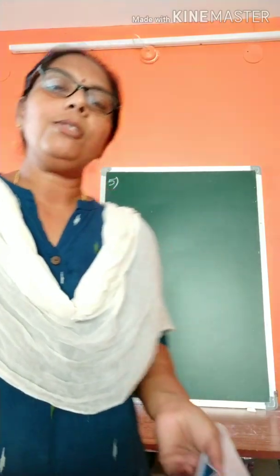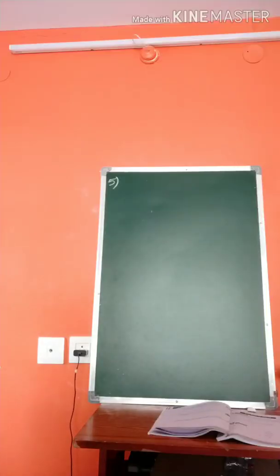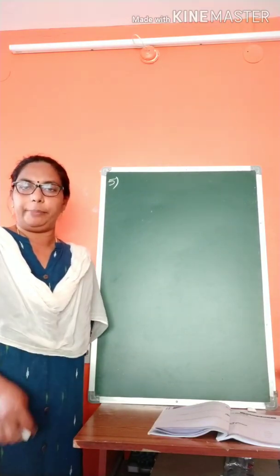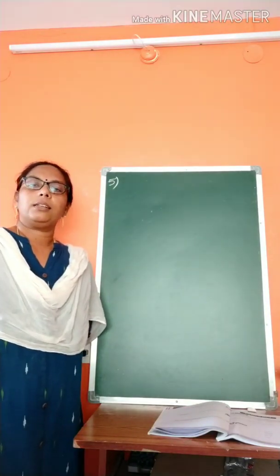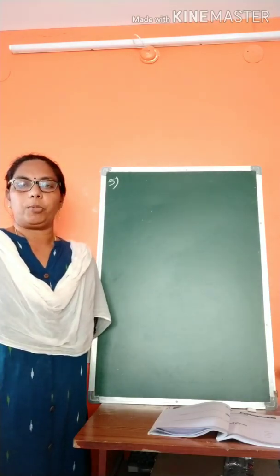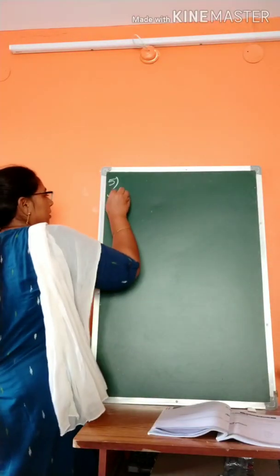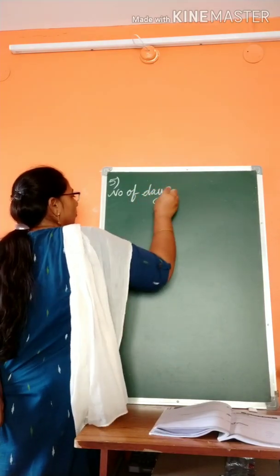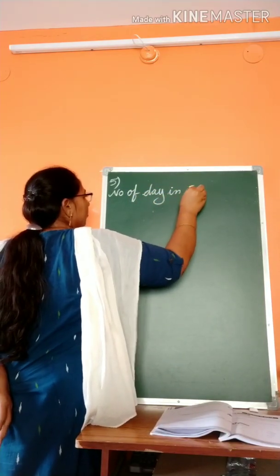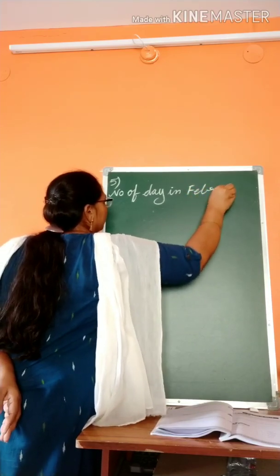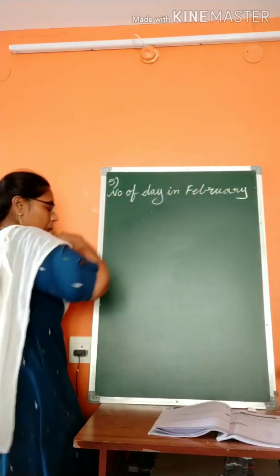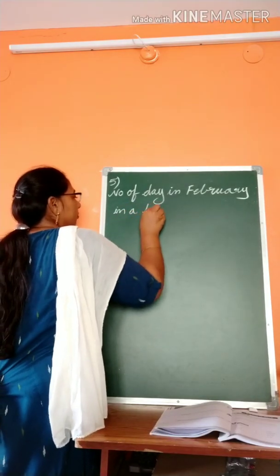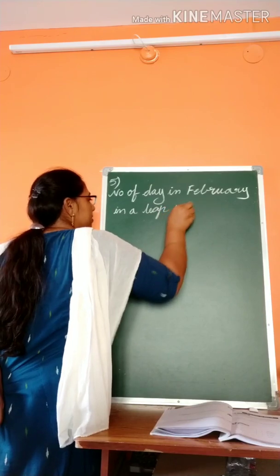Okay. Now, start writing the statements, children. First write the number of days for February in a leap year. Then we will write the statements of the word problem, right? Number of days in February in a leap year. How many days, children?